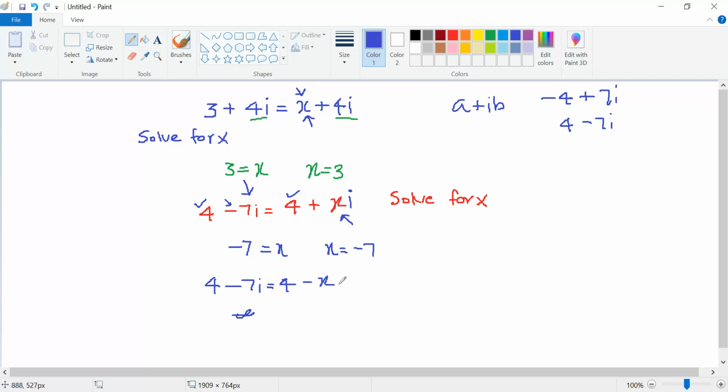So here I should have written minus xi. In this case, for these two complex numbers to be equal, what should x be? The imaginary part of the first complex number is negative 7, and the imaginary part of the second complex number is minus x. Now negative 7 is equal to negative x. That's the same as x is equal to 7.